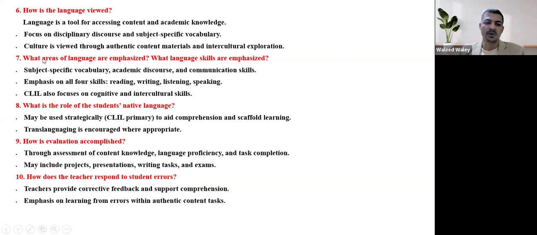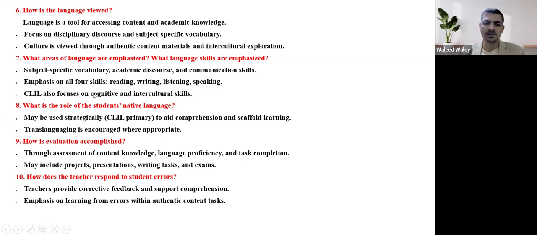And what areas of language are emphasized here? Subject-specific vocabulary, academic discourse. Discourse means the words, the vocabulary, and communication skills. And here, emphasis on all four skills: reading, they read first; writing, they answer some questions; and listening and speaking.